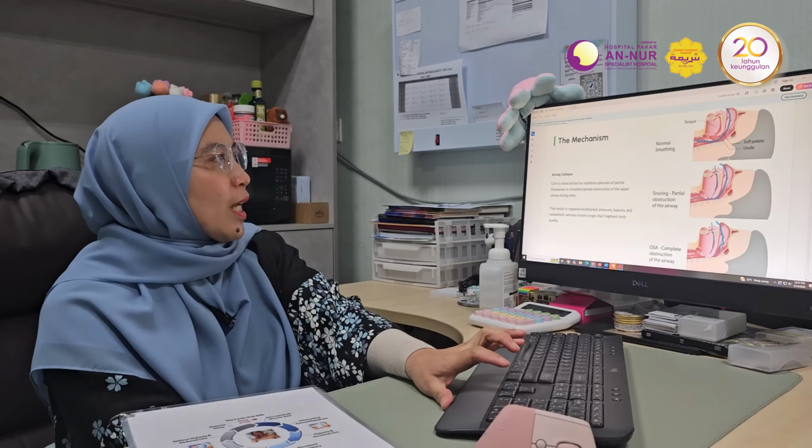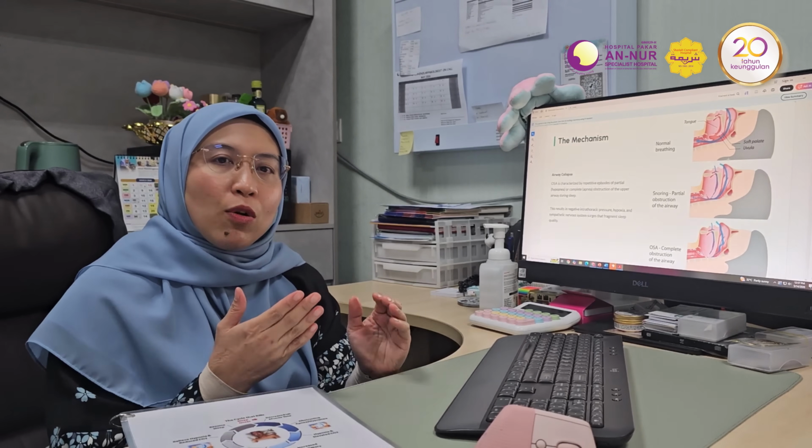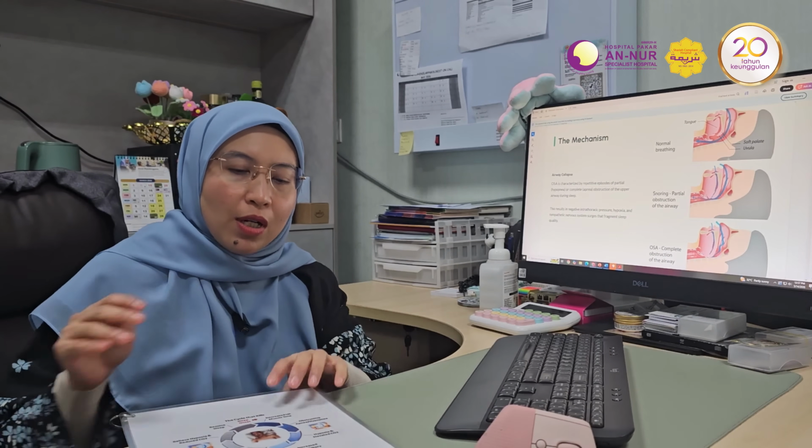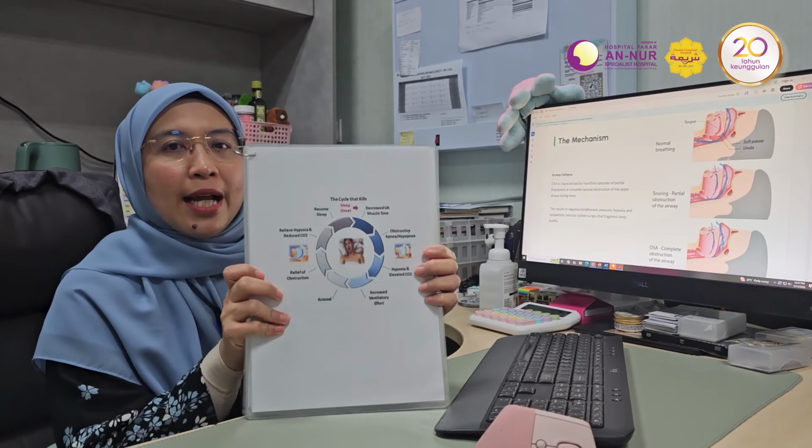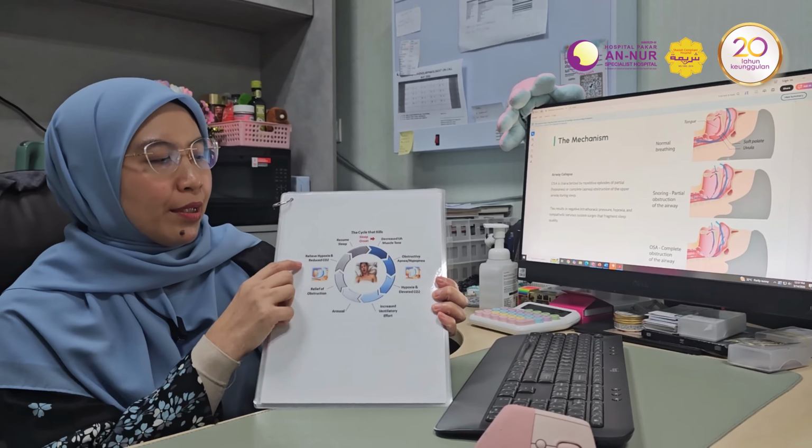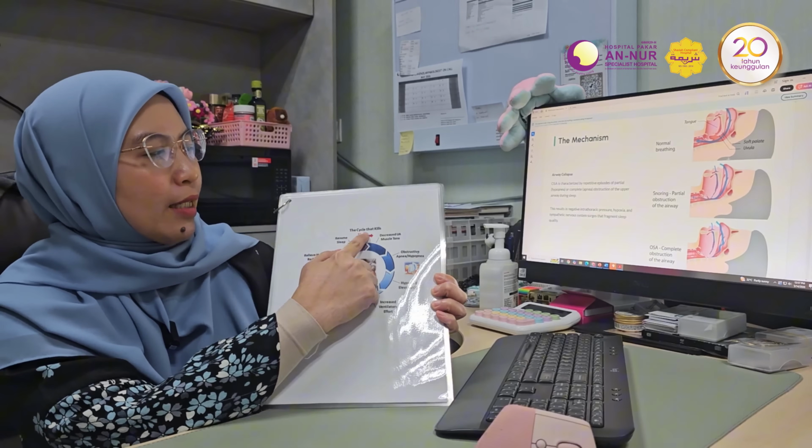What are the mechanisms of this obstructive sleep apnea? If you can see this diagram, this is the cycle that kills.